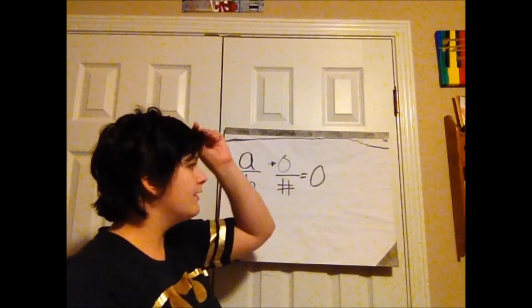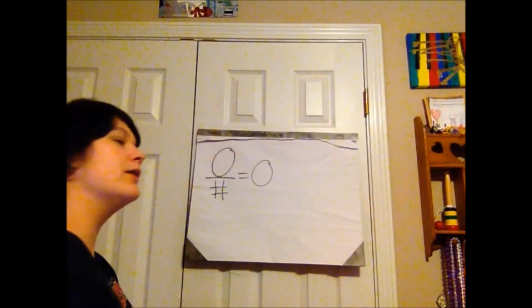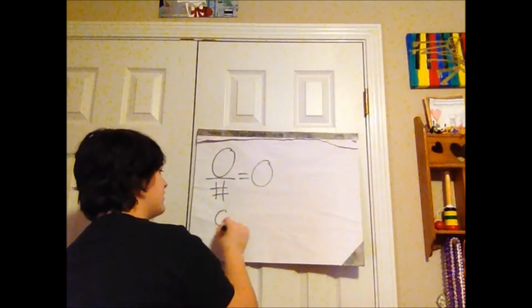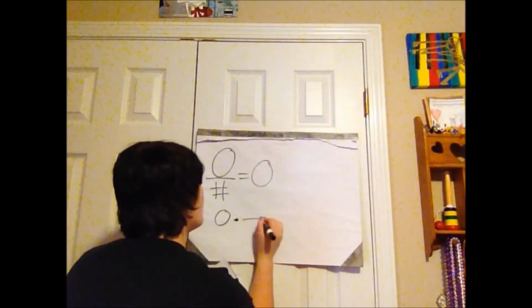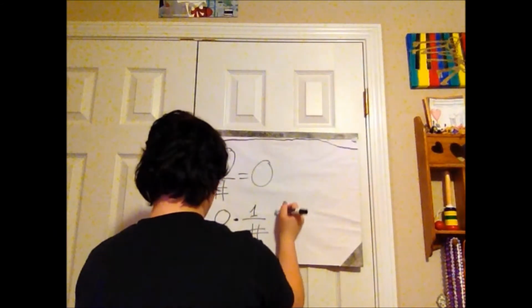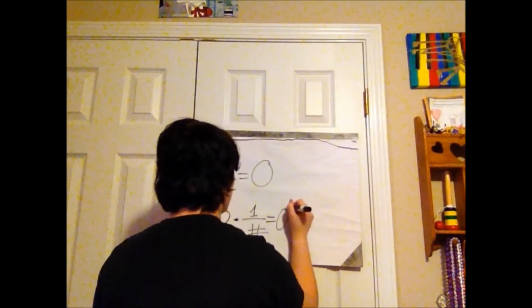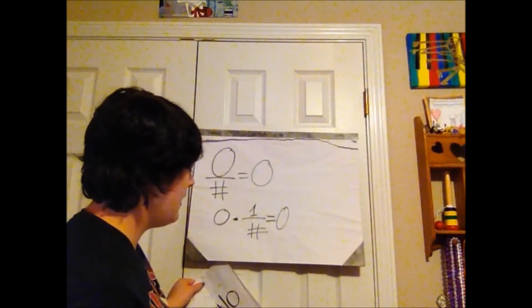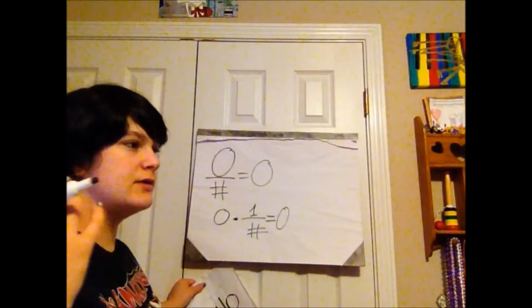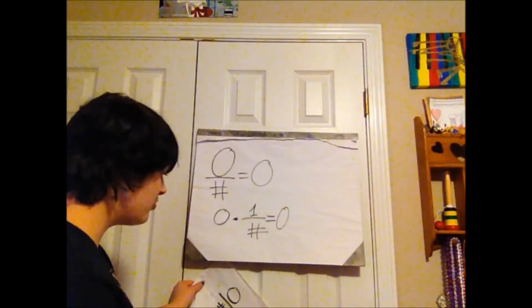So, this is how you can explain why. You can just say it like this: 0 times 1 over any non-zero number will always equal 0. This is the definition of division.